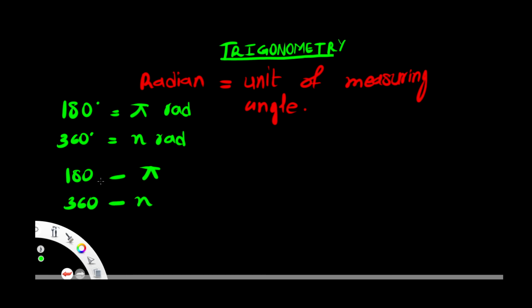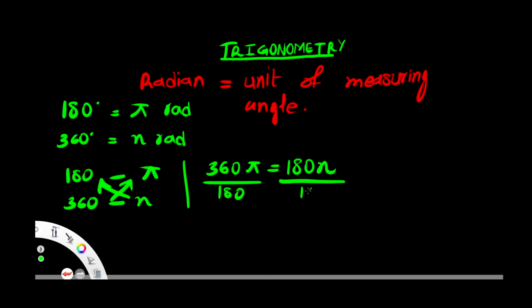We know that 180 equals pi radians, so 360 must be x radians. Simply cross multiply, we get 360 pi equals 180x, and dividing both sides by 180, this gives us 2 pi, and this is simply x.